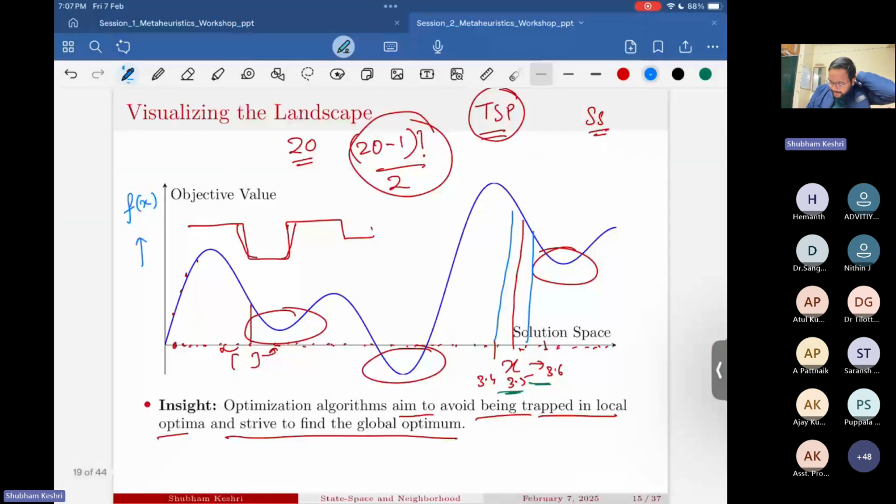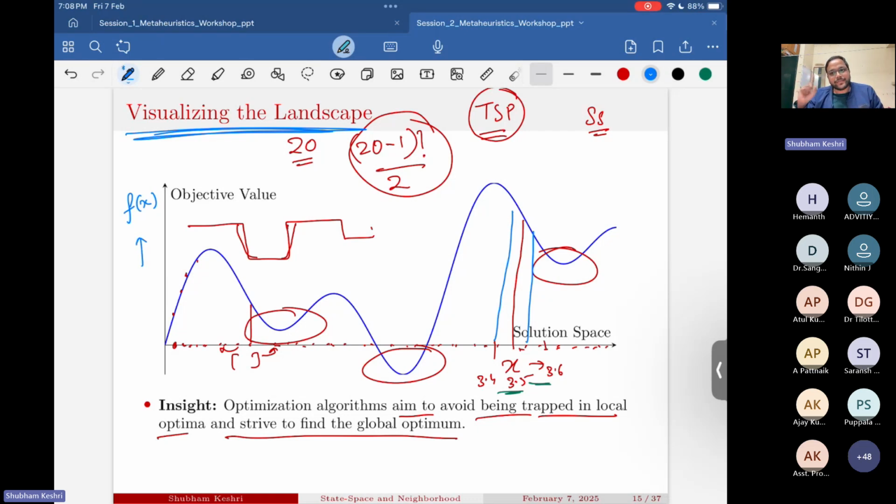That is why visualizing the landscape is important. The operator you are using governs the neighborhood because the solutions in the neighborhood change, and depending upon those solutions the objective function will change. If you select one kind of neighborhood, the landscape will be different. If you select different kinds of neighborhood, the landscape will change.